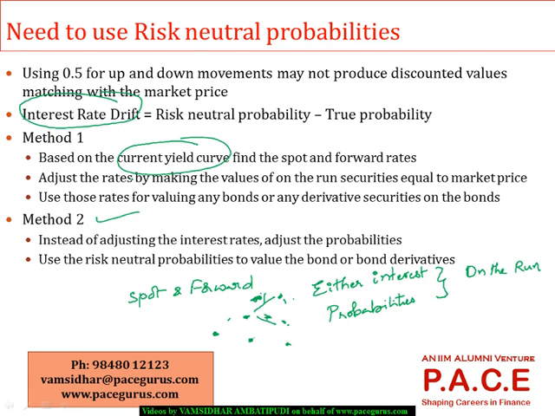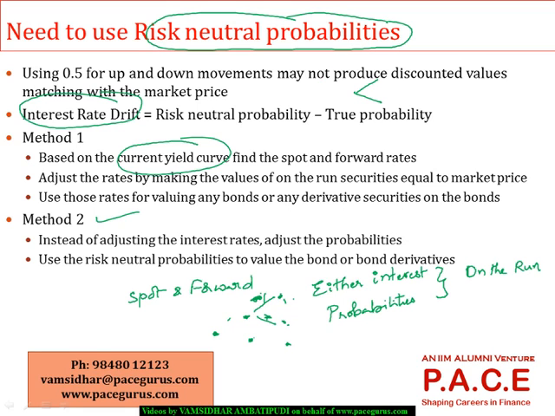So at the end, the objective is that you are using the risk neutral probabilities of going up and going down, not the 50-50 movement, to evaluate the value of the bond.